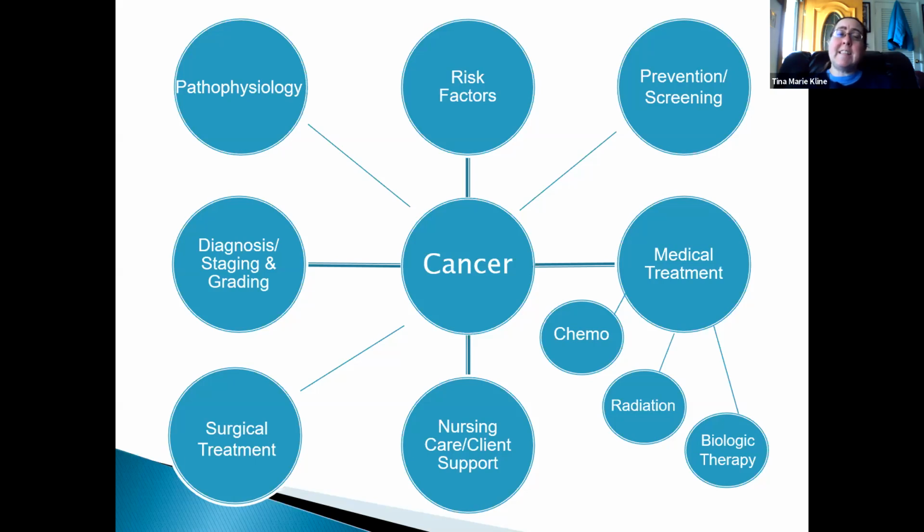So the N stands for nodes, and it's referring to the lymph nodes, because what will happen with cancer as it continues to grow locally and the tumor gets bigger, it will also begin invading what we call regional tissue. So when cancer first starts to spread, it's going to spread to the immediate localized area.